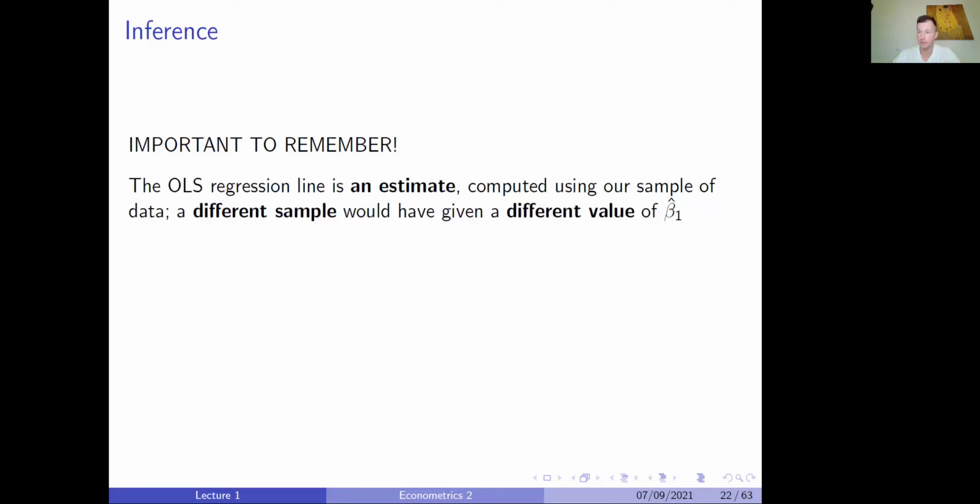And if we had a different sample, we would get a different value of beta 1 hat. This is important to remember. The procedure of random sampling gives you an exact sample of n observations. If by chance you collect another sample with other observations, then you most probably have another value of beta 1 hat.